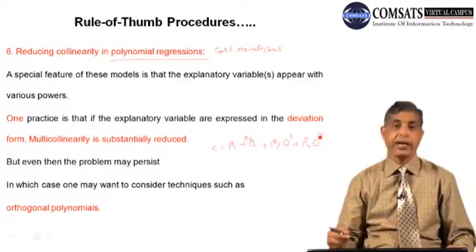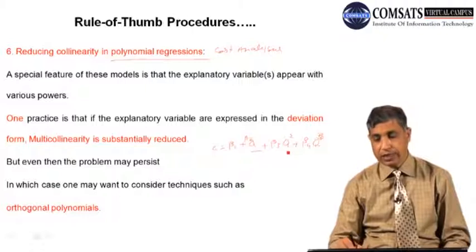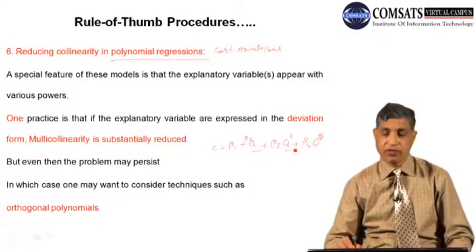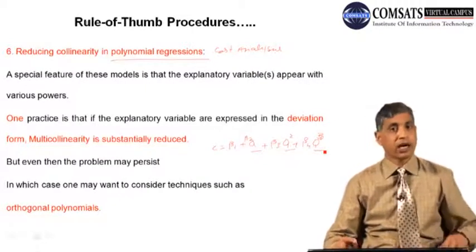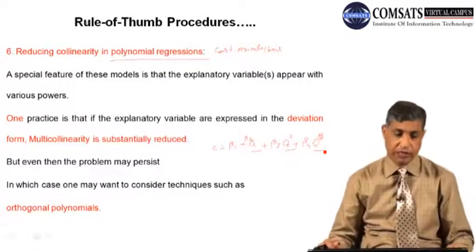Now we have added, if you see, that the cost is not only influenced by output, but also by the square of output and the cube of output. That is now the polynomial situation.